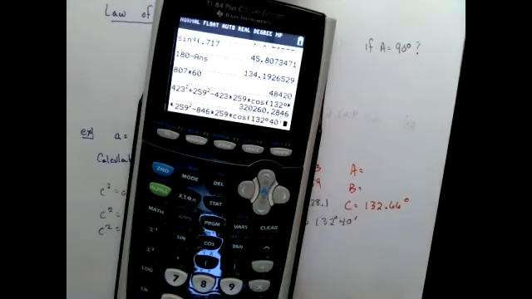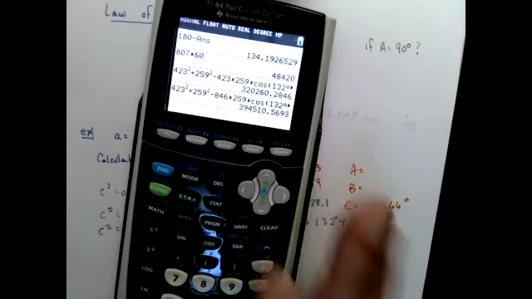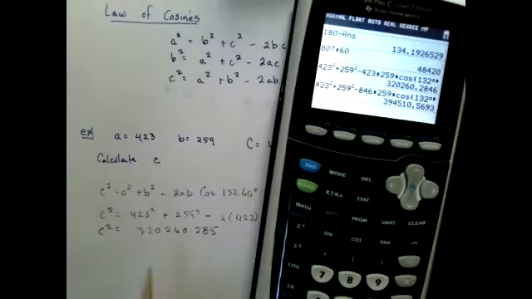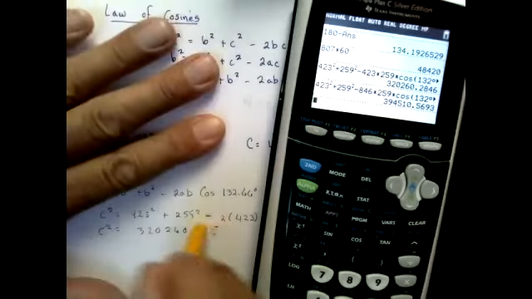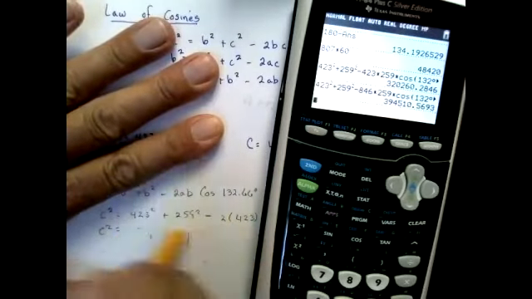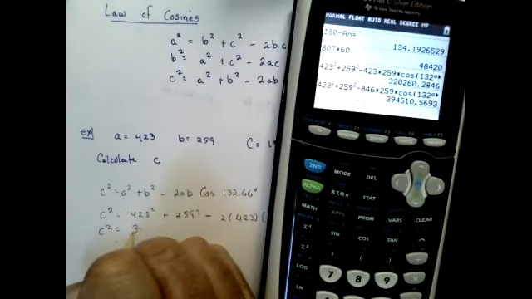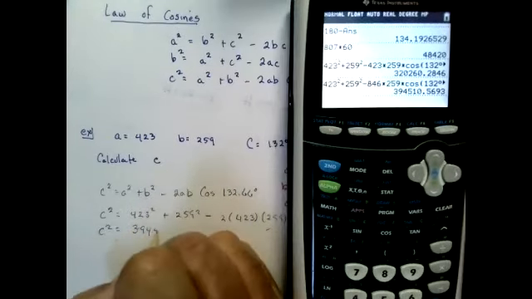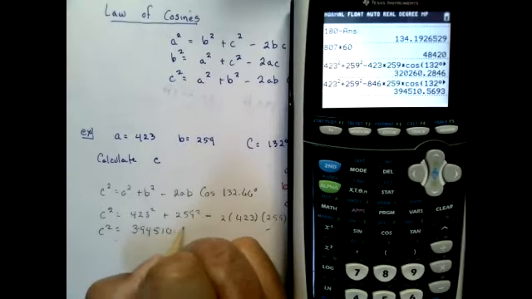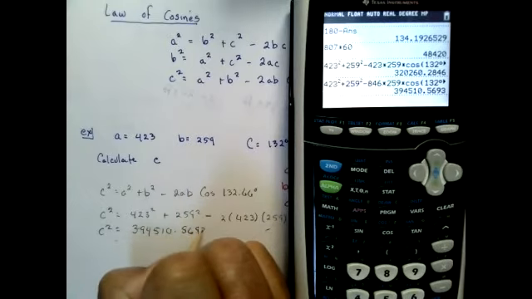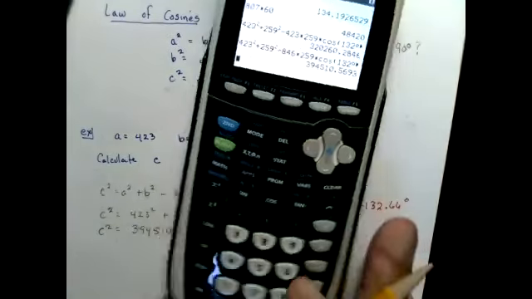I did that on purpose. 394, does that help? Is that a better answer? Yes. Okay. Good. 394,510.5693. And now I want to do square root.